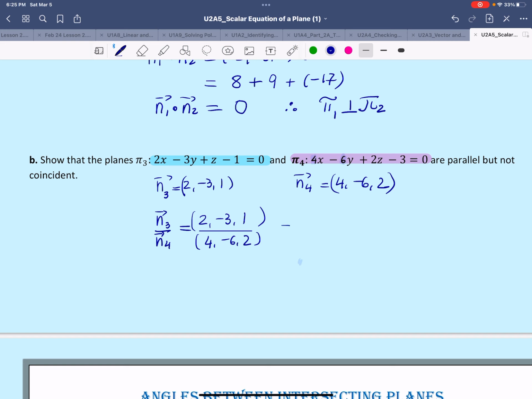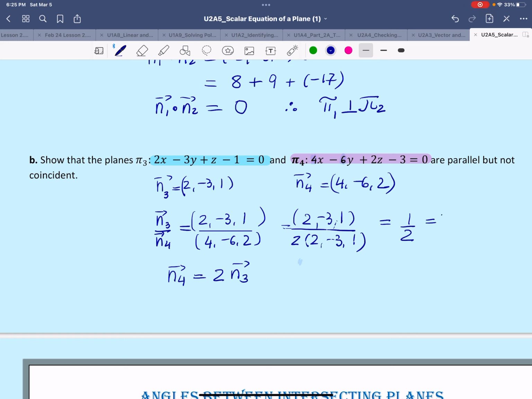So we're going to say that we have (2, -3, 1) for n3, and for n4, we have double of (2, -3, 1), which tells us that we have a ratio of 1/2. So that means that vector n4 equals 2 times vector n3, right?